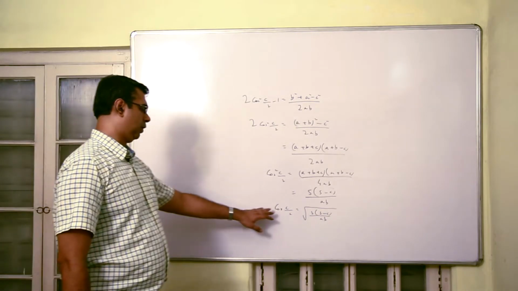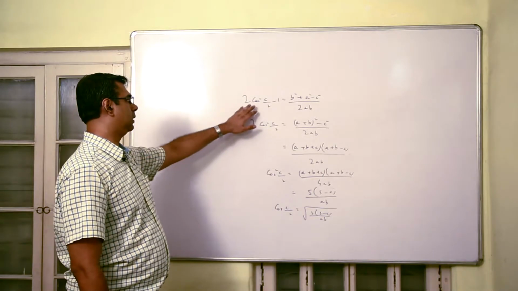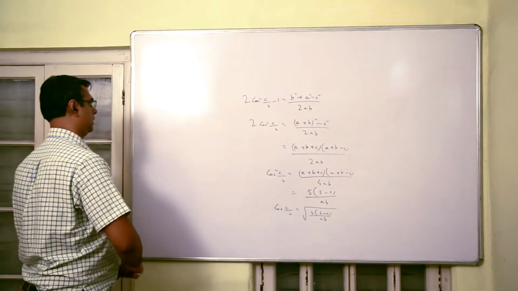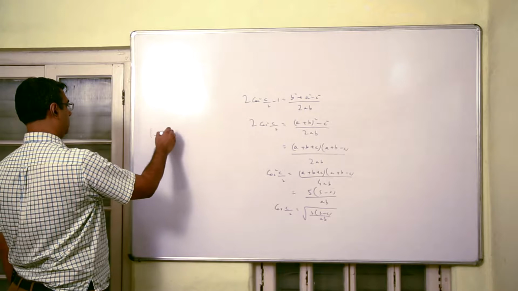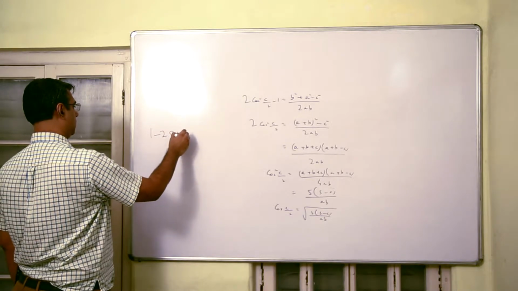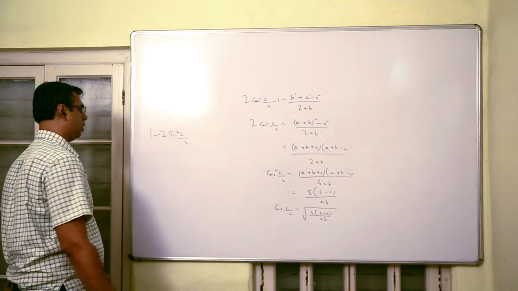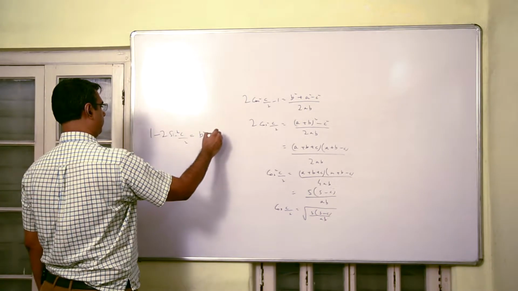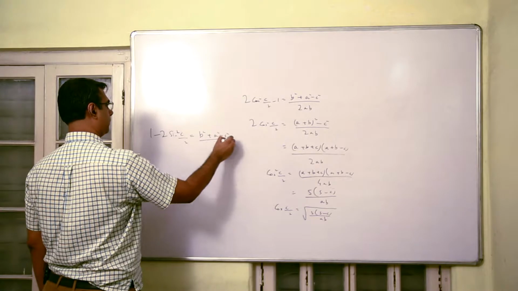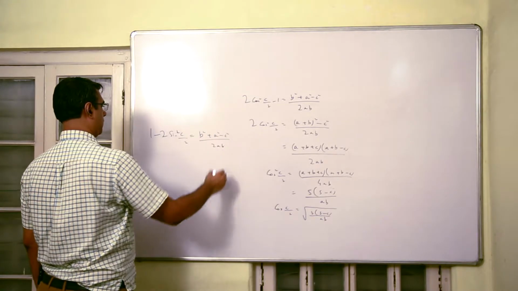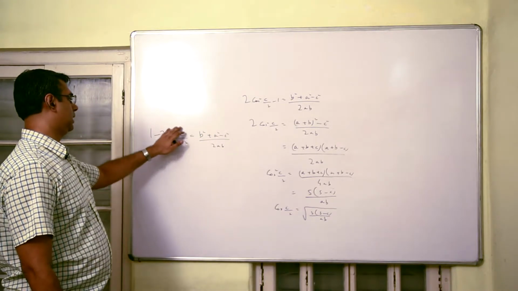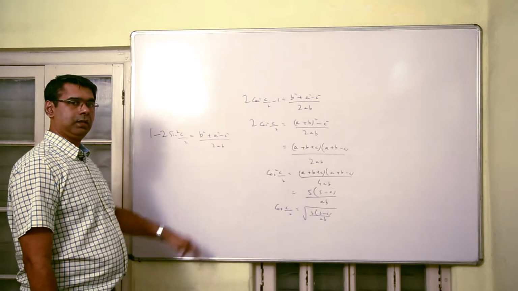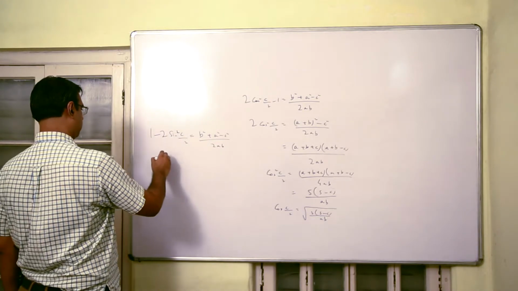To obtain this formula, we manipulated cos C like this. Suppose we had manipulated cos C differently, suppose we had written cos C as 1 minus 2 sine square C by 2. Then 1 minus 2 sine square C by 2 is (B square plus A square minus C square) by 2AB.